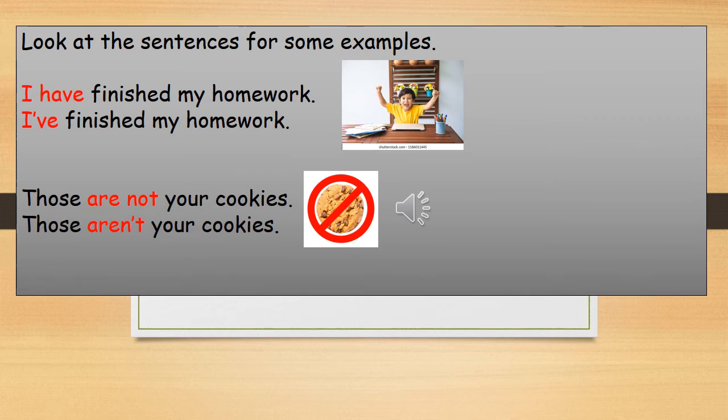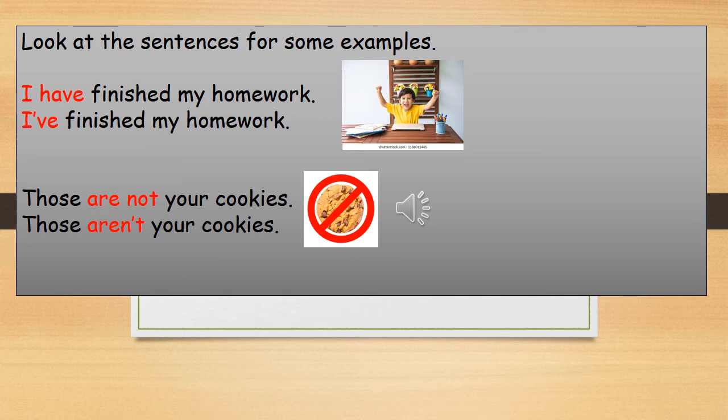Let's look at the second example. This one we use the negative are not and we change it to aren't. Those are not your cookies. The sentence helps us to understand that the cookies do not belong to you. But if we want to make it shorter and easier to say, those aren't your cookies.